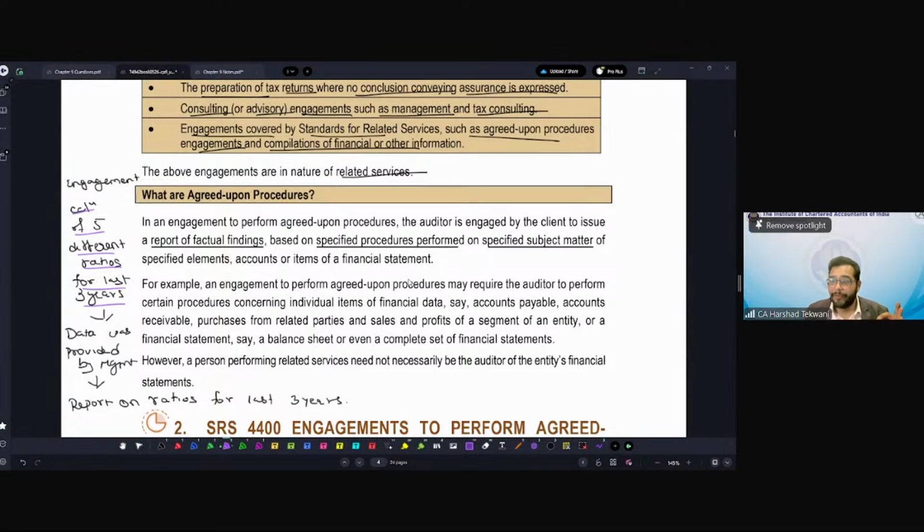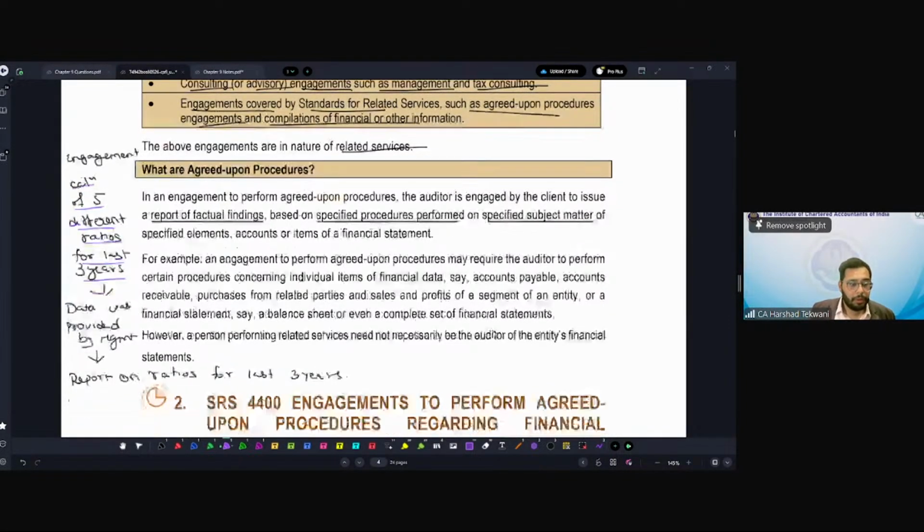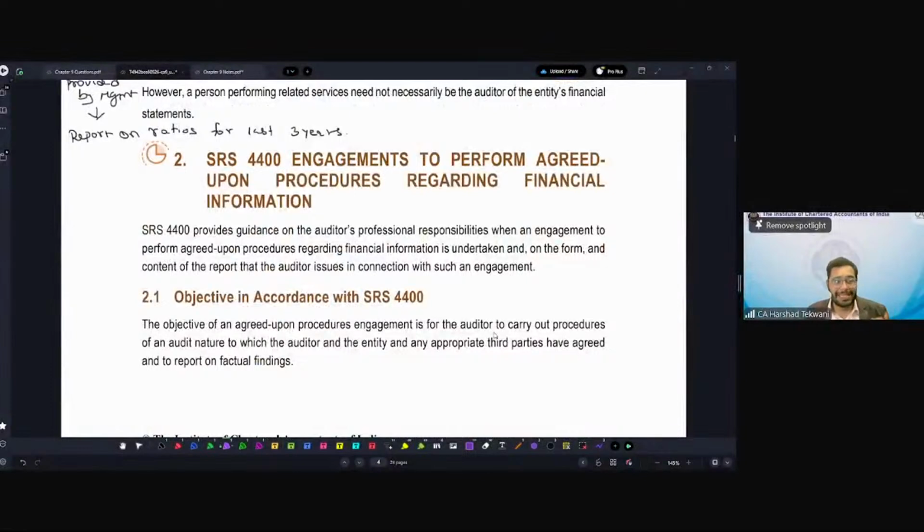That is the difference between an assurance engagement and agreed upon procedures. And SRS 4400 is the standard you need to apply when you are performing an agreed upon procedures engagement. SRS 4400 is the engagement to perform agreed upon procedures regarding financial information. If that is the case, then this particular standard will come into the picture.